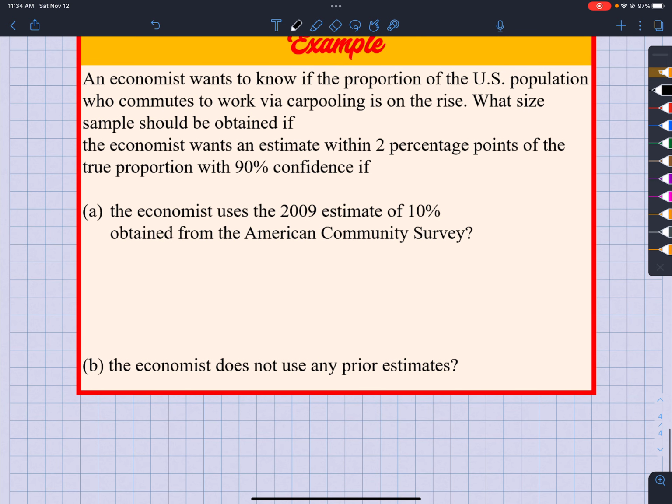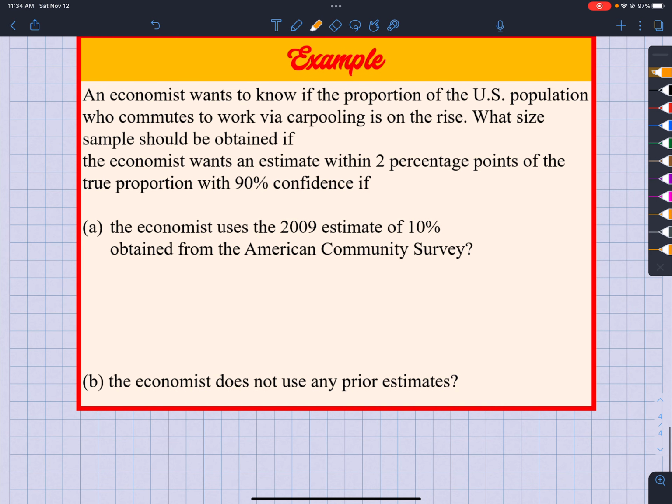All right, so let's take a look at this example here. An economist wants to know of the proportion, so we're back to proportions, of the U.S. population who commutes to work via carpooling. What size sample should be obtained if the economist wants to estimate within 2 percentage points?